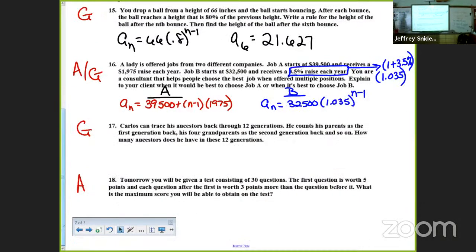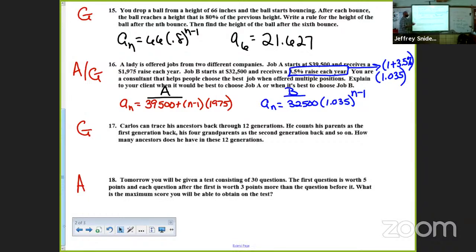What about 17? Are you trying to find a term in a sequence, or are you finding a series? Are you doing both here? No, it's just the series. On this one, it's just a series.